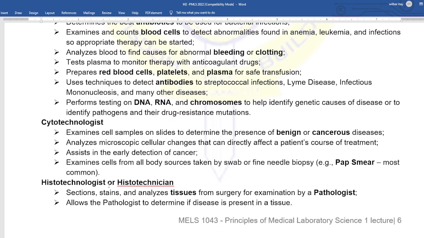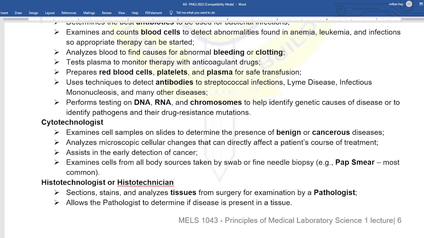Medical technology also work as histotechnologist or histotechnician. So, eto kasi, for this specific work or profession as histotechnologists, these are medical laboratory scientists that work in the histopathologic department or section, wherein what they do is they focus on processing tissues or body fluids to be placed in a slide that will be read by the pathologist.